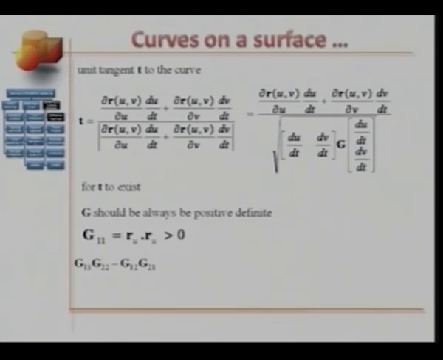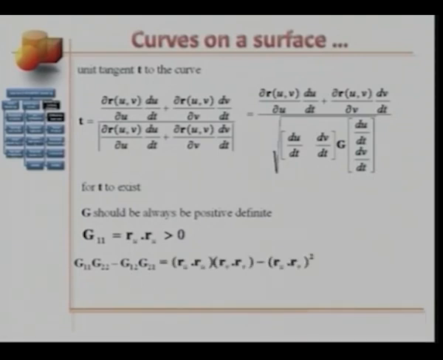The second principal minor is given by the determinant of G itself, which is G11 G22 minus G12 times G21. That is, the first element times the fourth element, minus the second element in the first row times the first element in the second row.